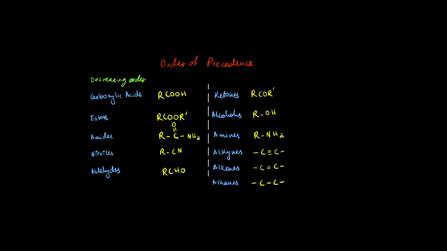Why and how exactly this series was made is not in your syllabus, but just for your knowledge, it has been made due to how much a compound can be oxidized, and keeping in mind that carboxylic acids cannot be oxidized to another classification. Therefore, it is the most preferable compound. It is at the highest of the order of precedence, right?